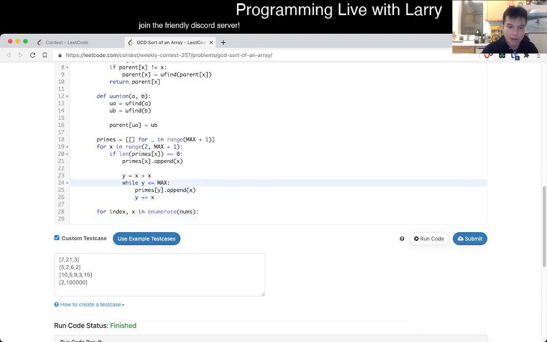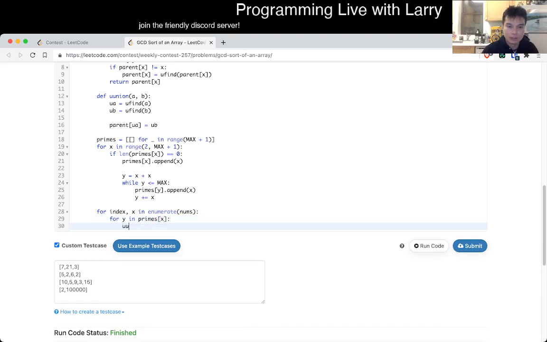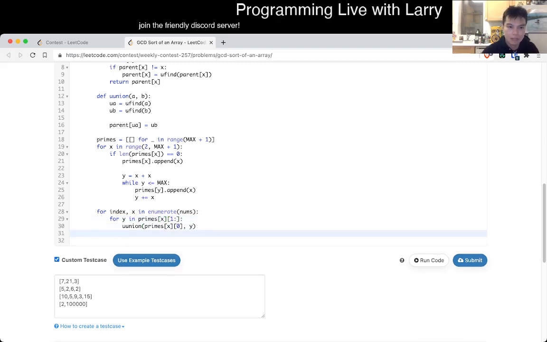So for y in primes sub x, we want to union y with primes of x of 0. So this should be a union. We'll start from the first number, so we skip the first number. Yeah, maybe this should be good.